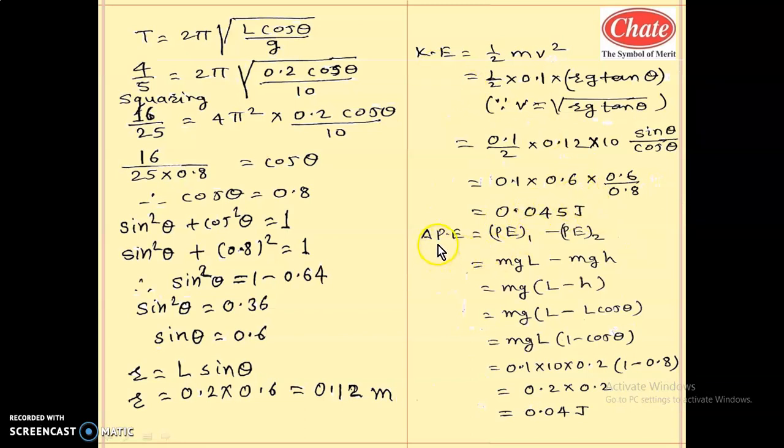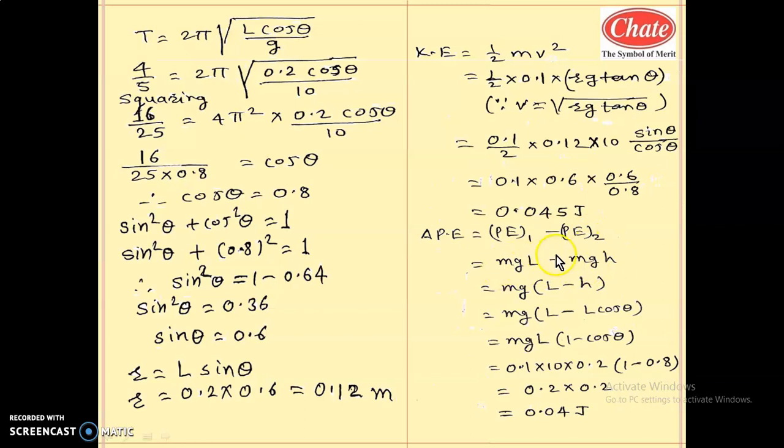Let us calculate change in potential energy in this case. So what is increase in potential energy? So that is P1 minus P2. So that is mgl, total height is L if the bob is at rest from the point of suspension, minus, when the bob is in revolving condition, it is at height h. So P2 is mgh.